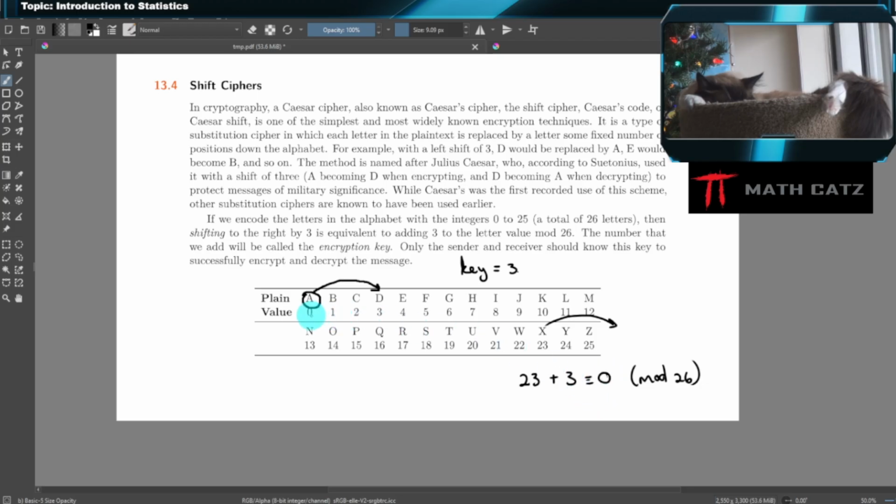And so we have to have this identity for addition, this 0, as the place that we start, so that everything loops correctly. So that is the idea.